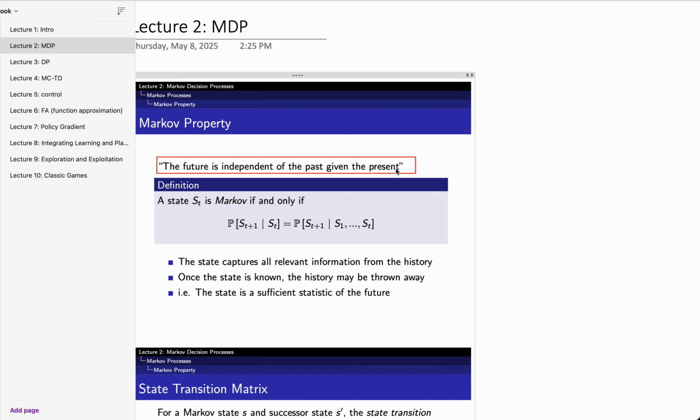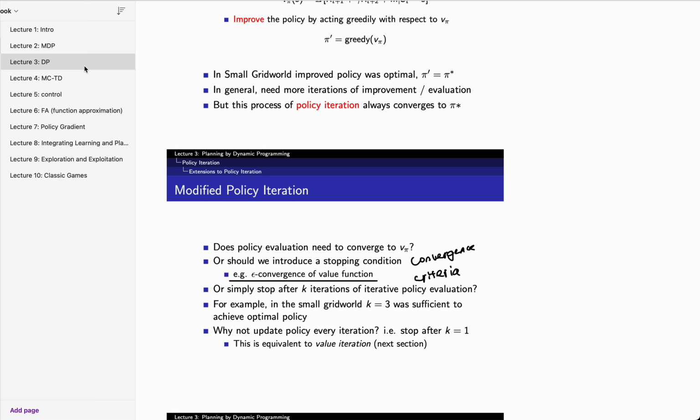And then built on top of the Markov decision process, he explained dynamic programming, and how using policy iteration and value iteration can solve the problem of reinforcement learning.